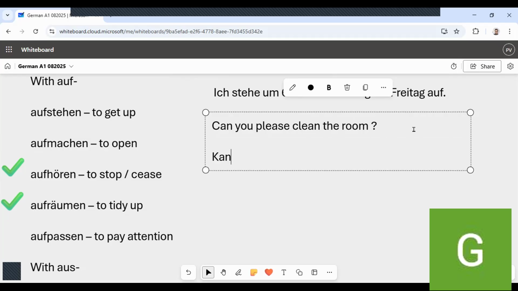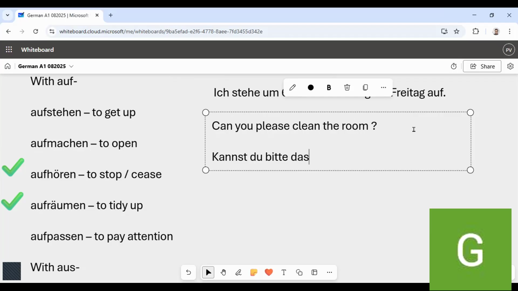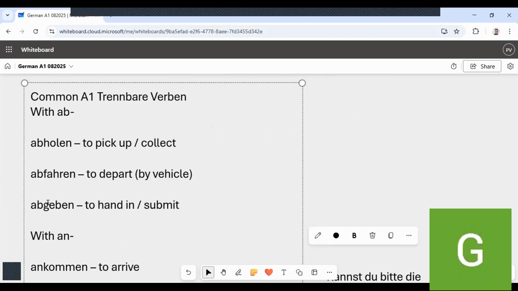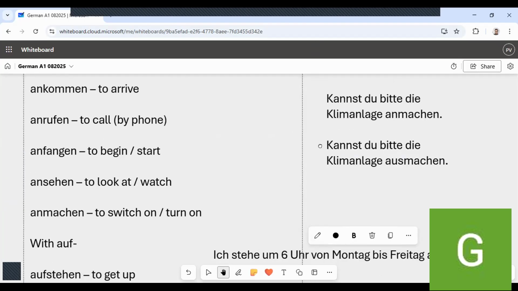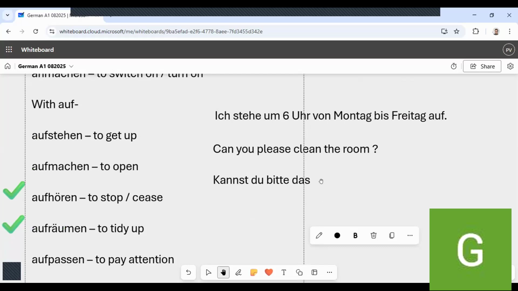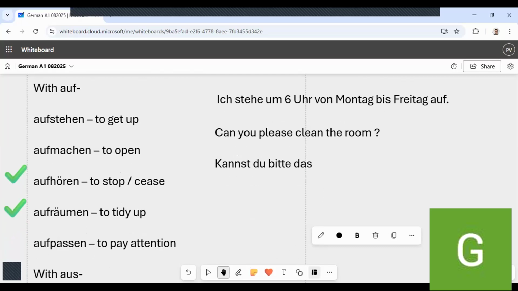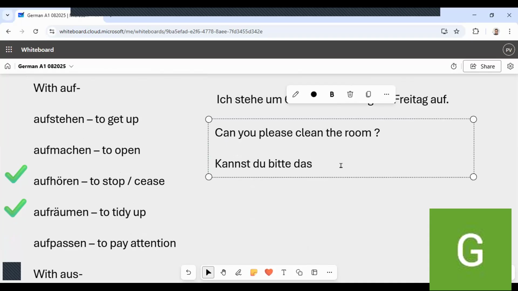Which verb is for clean? For clean, aufräumen. To clean is aufräumen. Kannst du bitte das Zimmer aufräumen?